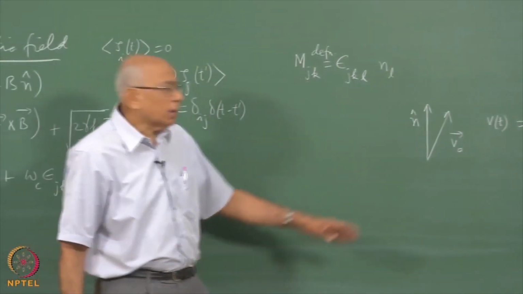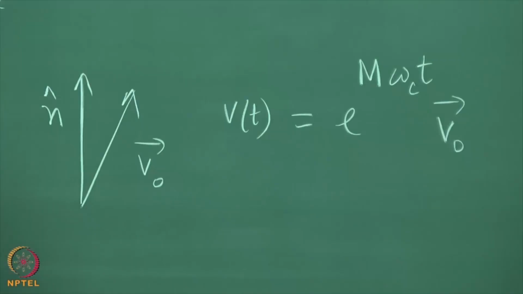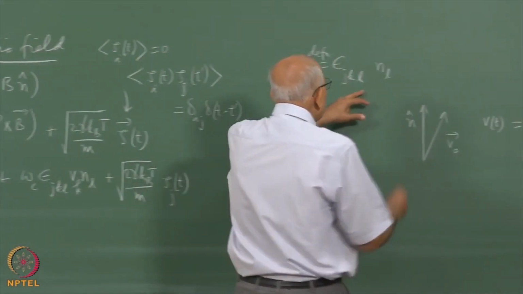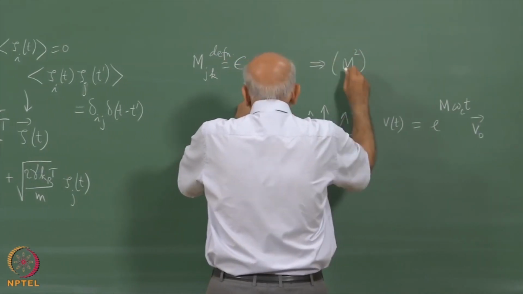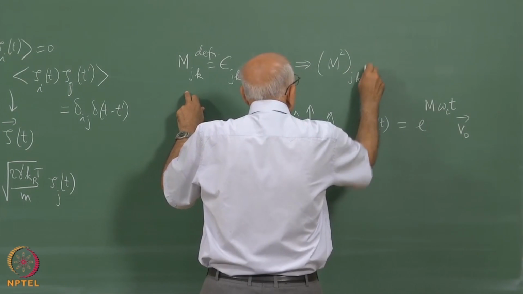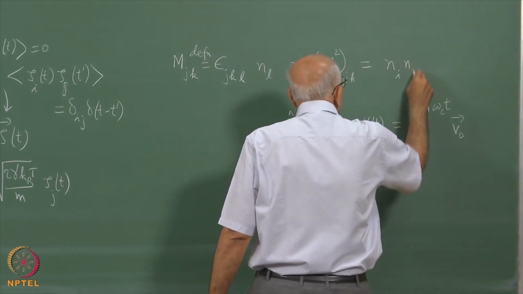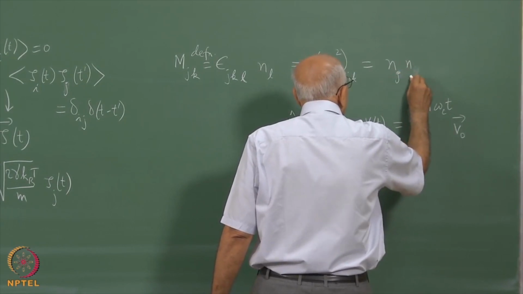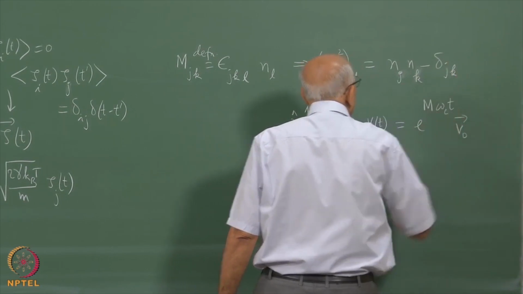And of course we know what this thing is, we can exponentiate this matrix M, we have done that in the past. The properties of M are very straightforward. Once you define it like this, it implies that M squared jk is equal to nj nk minus delta jk.